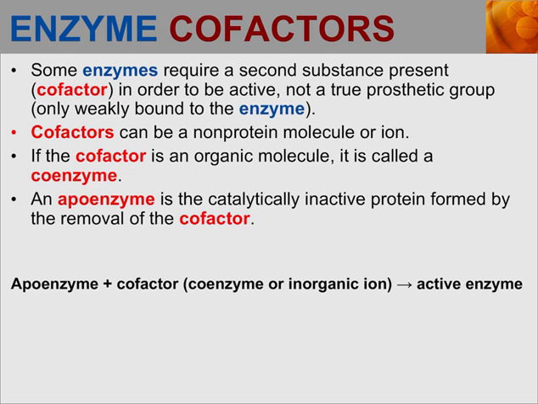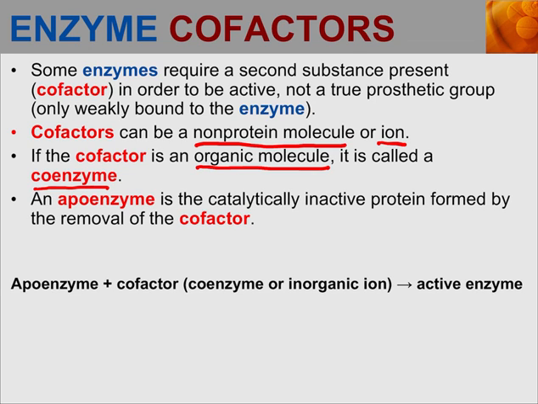It's not a prosthetic group necessarily, like what we've talked about before with hemoglobin, for instance, and heme. This cofactor is only weakly bound to the enzyme. It's not stuck in the protein. So cofactors could be a non-protein molecule or an ion. If the cofactor is an organic molecule, we actually call it a coenzyme.